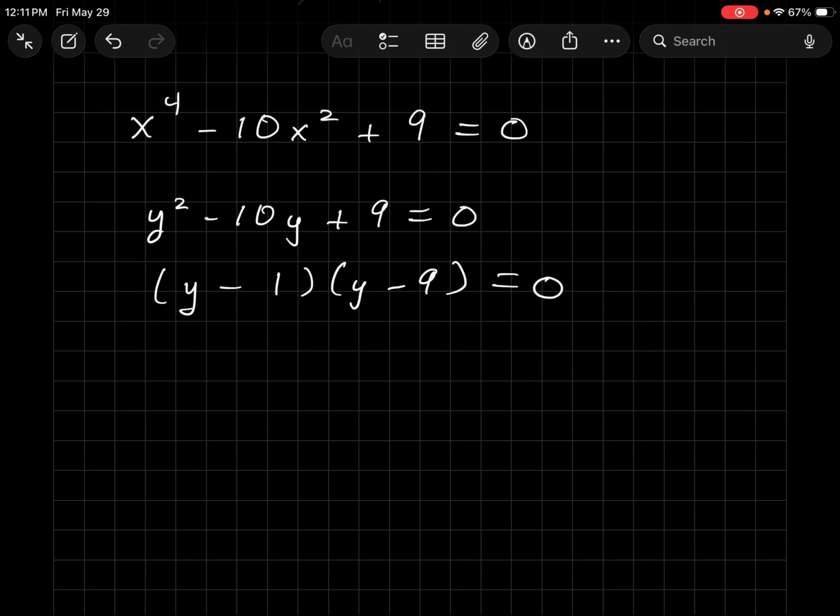Well, how does that help us do the problem we want? Now, I'm not saying you have to do this in a problem, but I just want to show you mathematically, what if we did a substitution where y is x squared? If y is x squared, does x to the fourth become y squared?